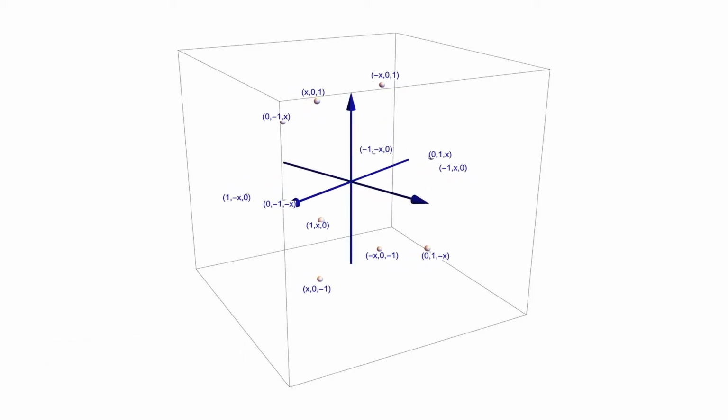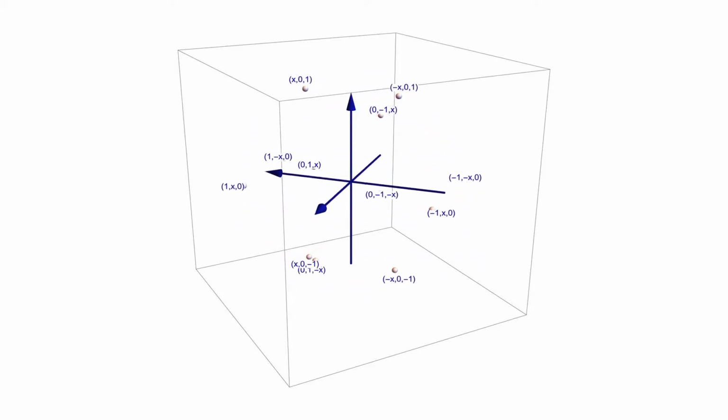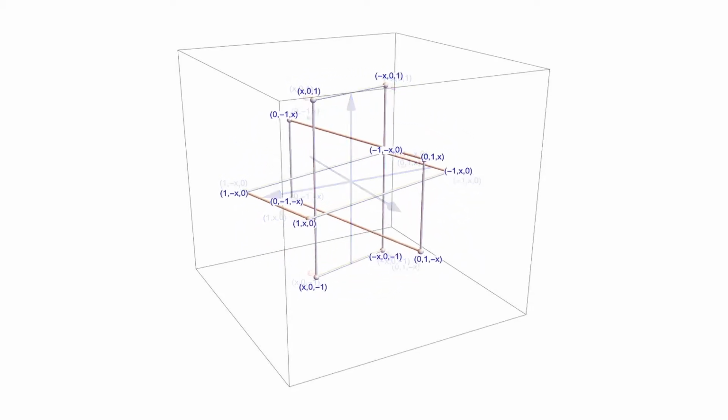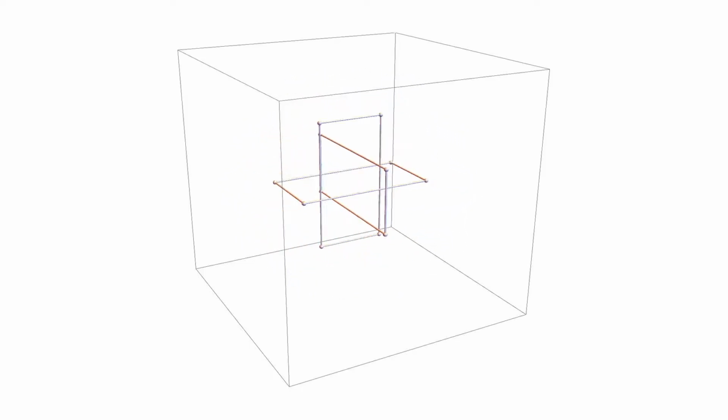We can bring some order to this cloud of points by observing that they fall on the vertices of 3 rectangles. Notice that while the entire configuration of 3 rectangles is preserved by each of our 12 transformations, no individual point is fixed by any of them.